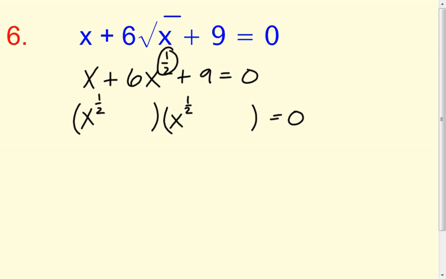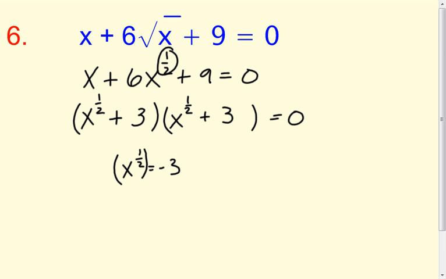And then I have to get 9 in the back. It could be 1 and 9 or 3 and 3. I'm going to use 3 and 3 here. Either both pluses or both minuses when it's like that. Okay, so notice you'll have double roots here. If this works, and it doesn't, you're going to have the same answer both places. So I have x to the 1/2 equals negative 3.